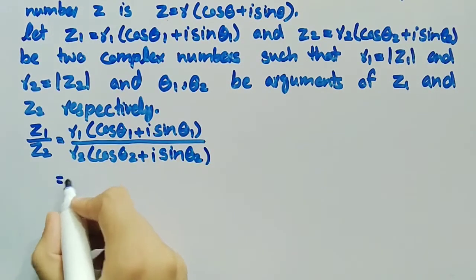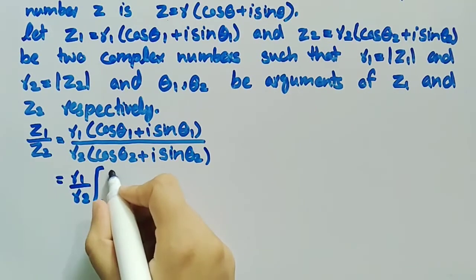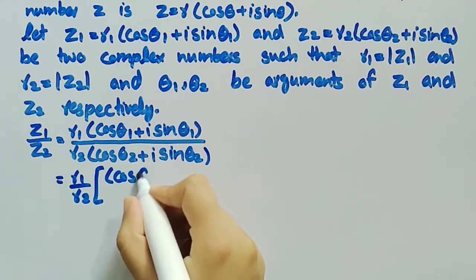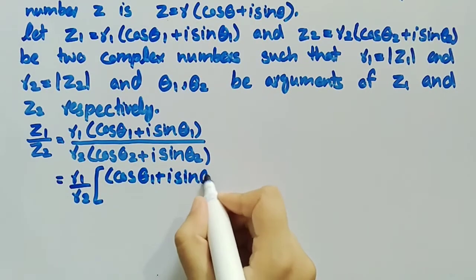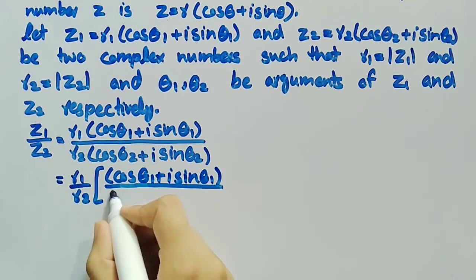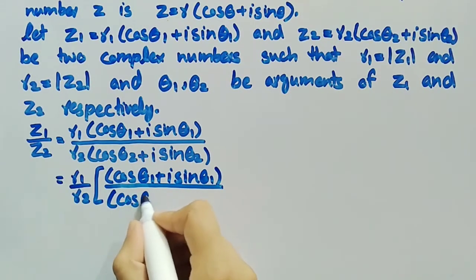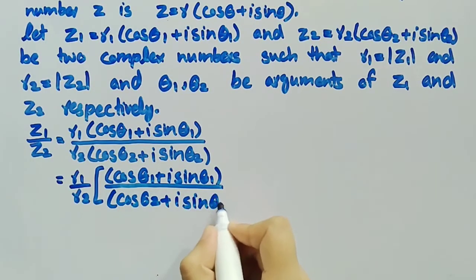We can also write it as r1 divided by r2 times cos theta 1 plus iota sin theta 1 divided by cos theta 2 plus iota sin theta 2.